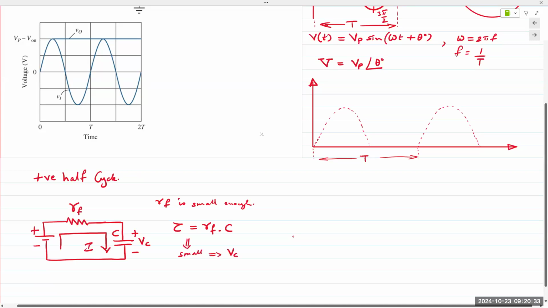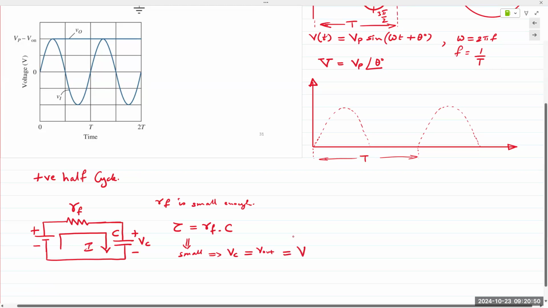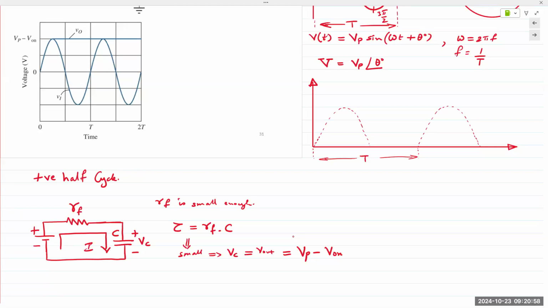Thus, Vc reaches V out, and V out in this case, if it's ideal, is simply V peak. But since we spoke about the diode voltage drop, it will be Vp minus the turn on voltage V on, one single diode voltage drop. So capacitor reaches a charge of Vp minus V on.